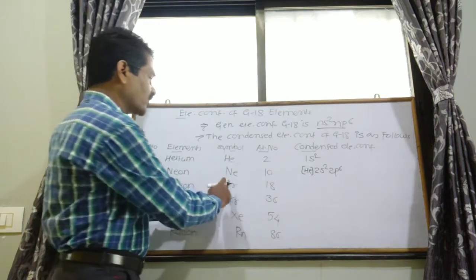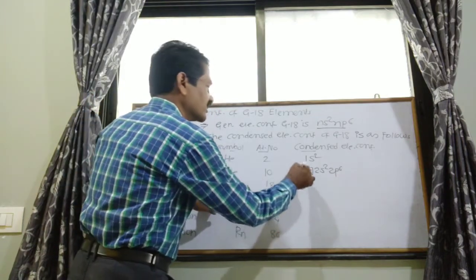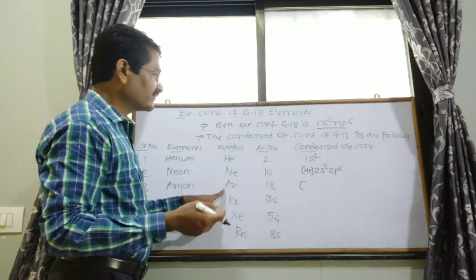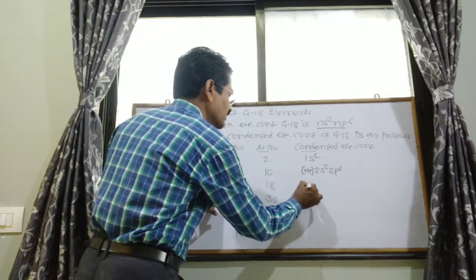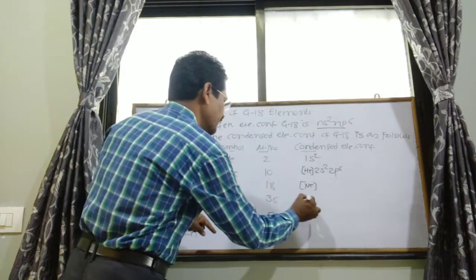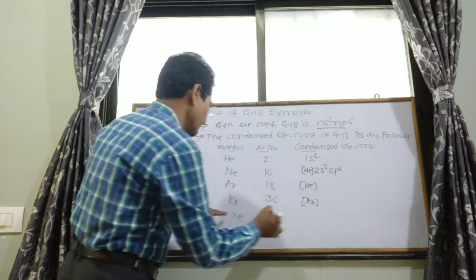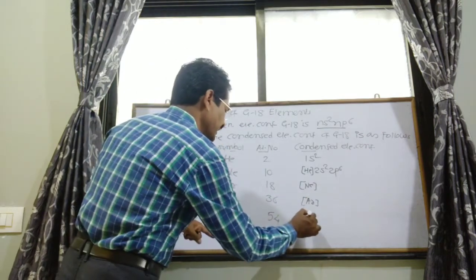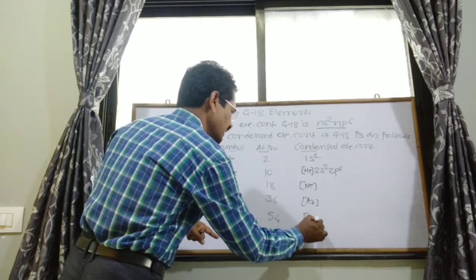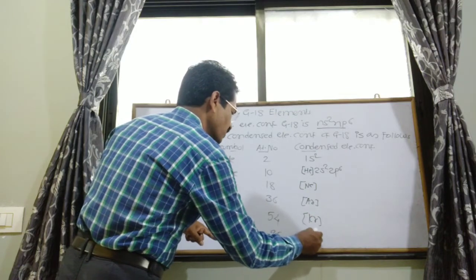For argon we take the next zero group element before it, that is neon. For krypton we take argon, for xenon we take krypton, and for radon we take xenon.